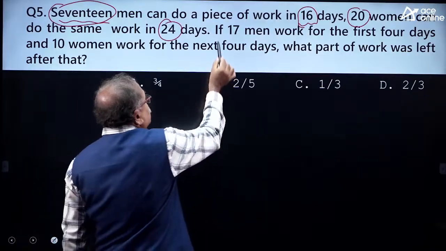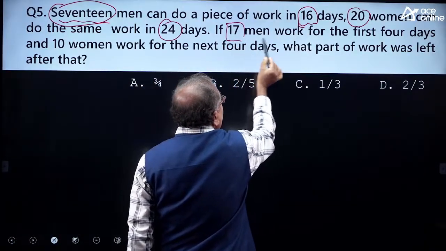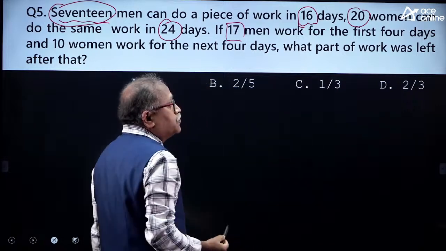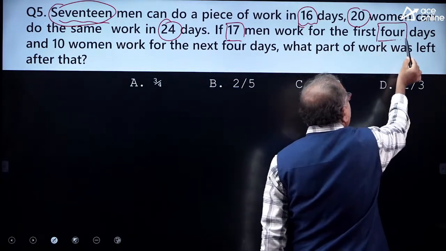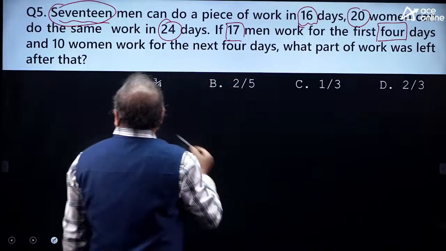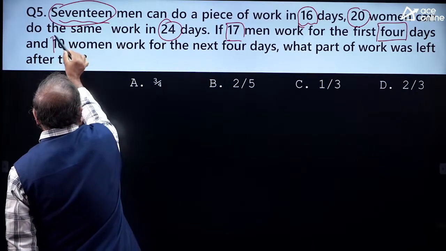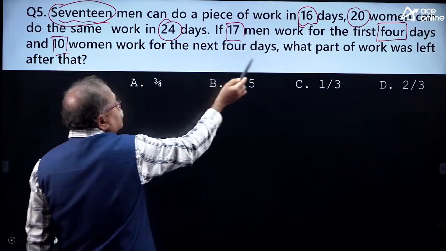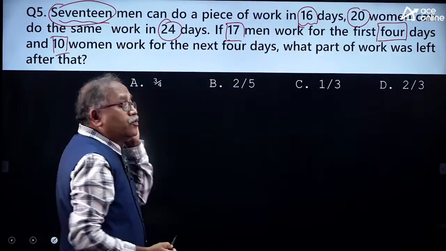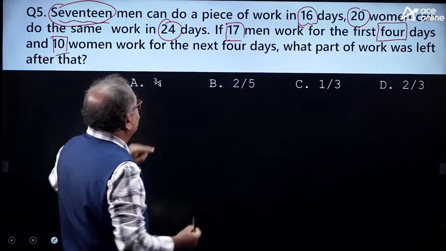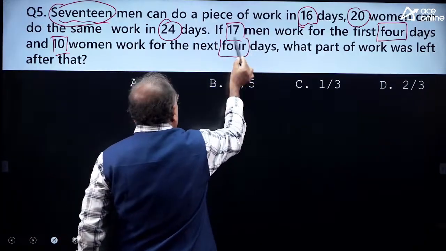Now, if 17 men work for the first 4 days, how many women are mentioned here? 20 women can complete the work in 24 days. The 10 women are working for the next 4 days.